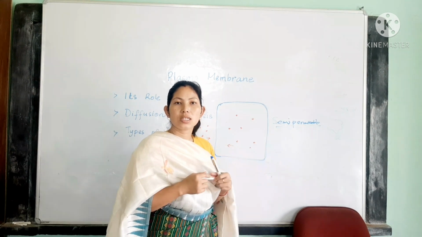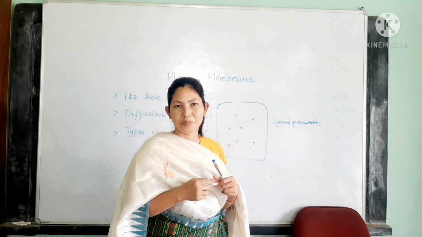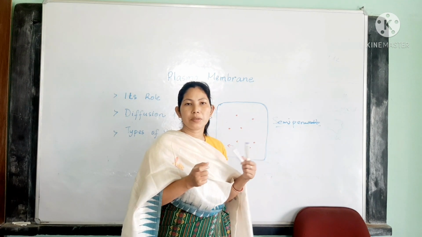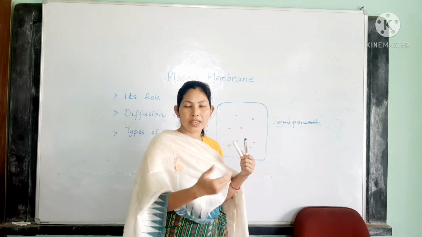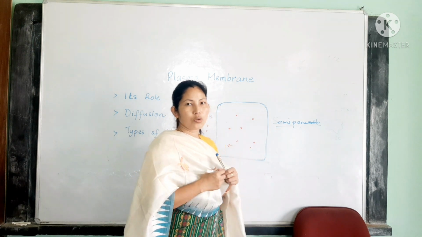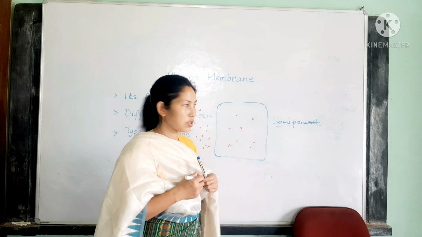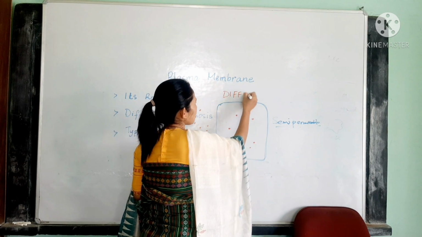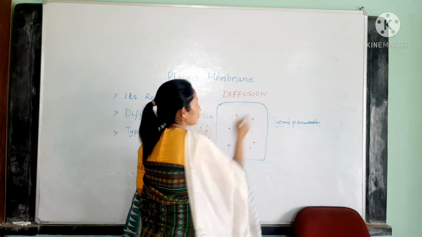That is why it is known as a selectively permeable membrane. Now let us understand how the plasma membrane helps in entering or exiting the cell, right? That is by the process called diffusion. So here we will understand what diffusion is, right?